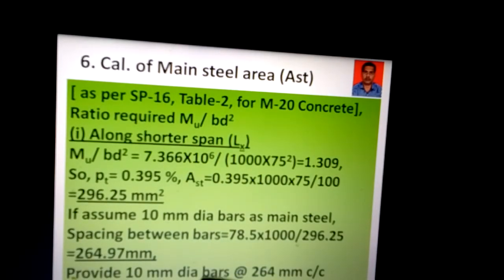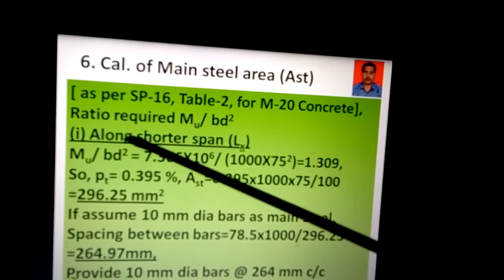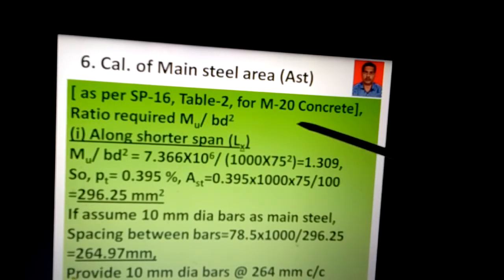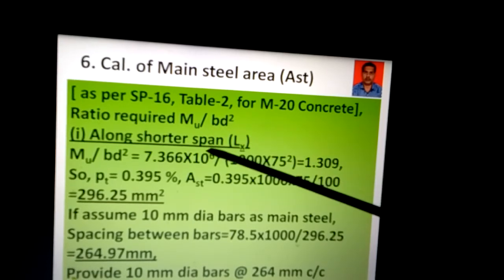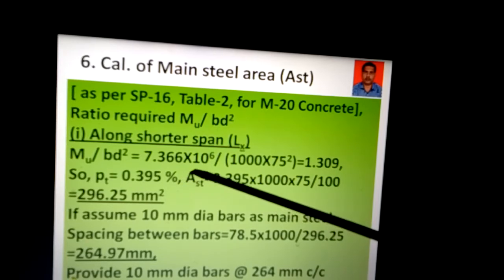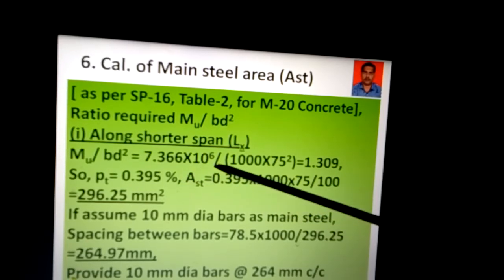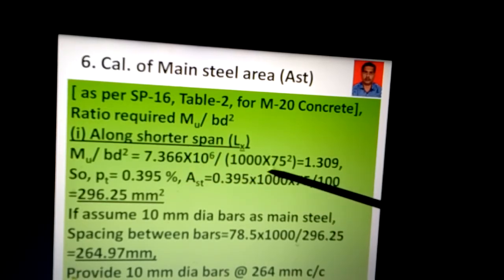Now to calculate the main steel area, that is Ast. As per SP 16 table 2 for M20 concrete grade, we need to calculate Mu by bd square. Along shorter span, that is Lx, Mu by bd square comes 7.366 into 10 to the power 6 divided by 1000 into 75 square. So this gives a ratio of 1.309.